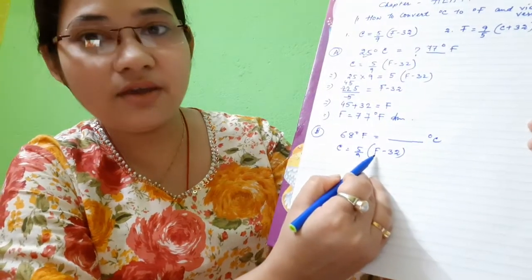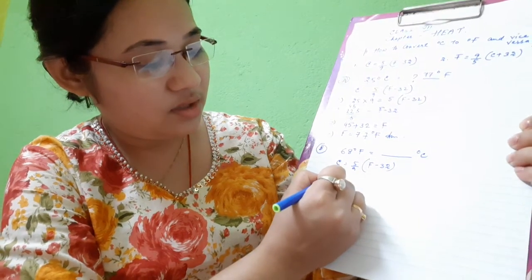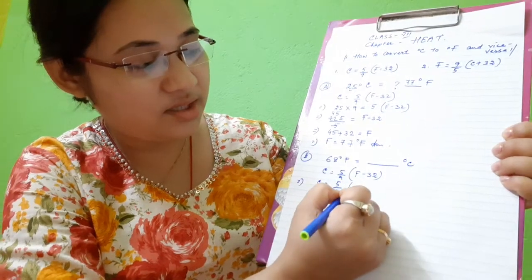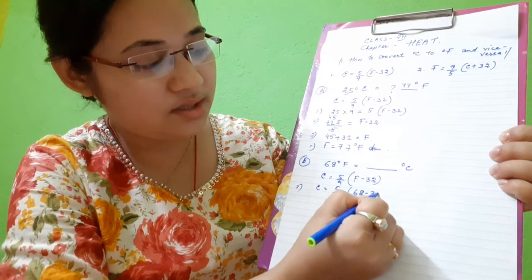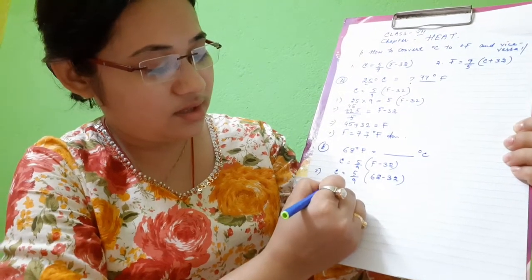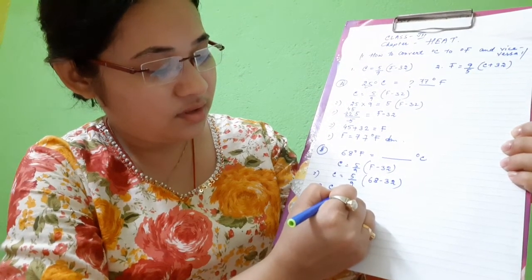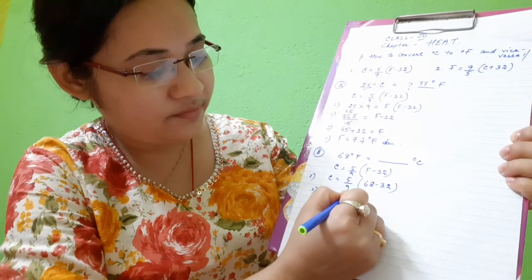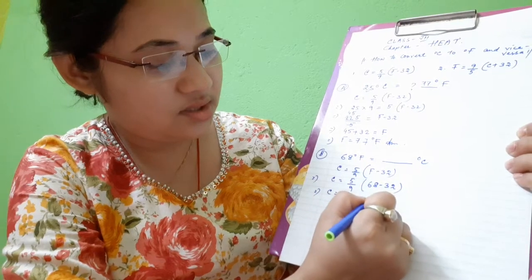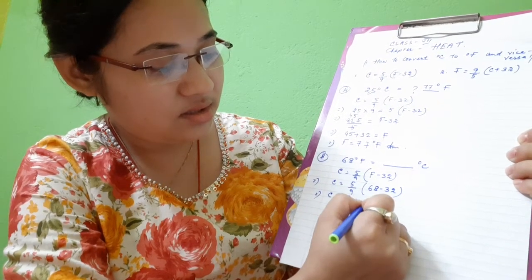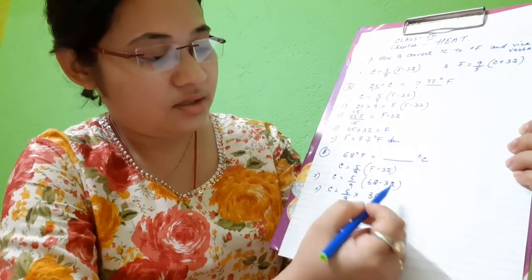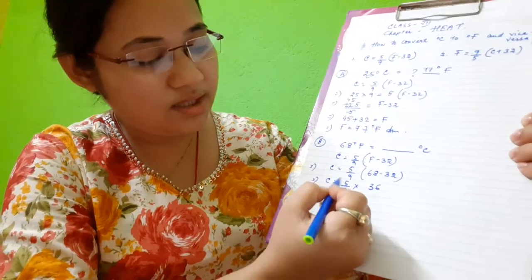F is given here as 68, so instead of f we will write 68 minus 32. Here we will calculate it, 5 by 9 into 36, so we are getting 36 here.